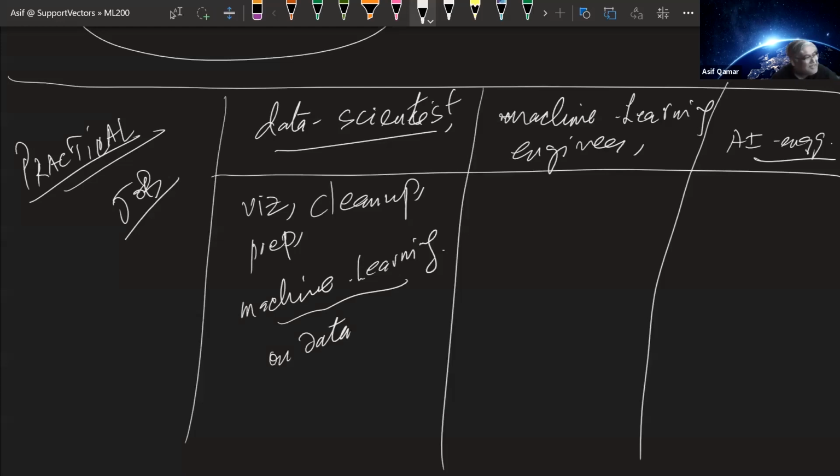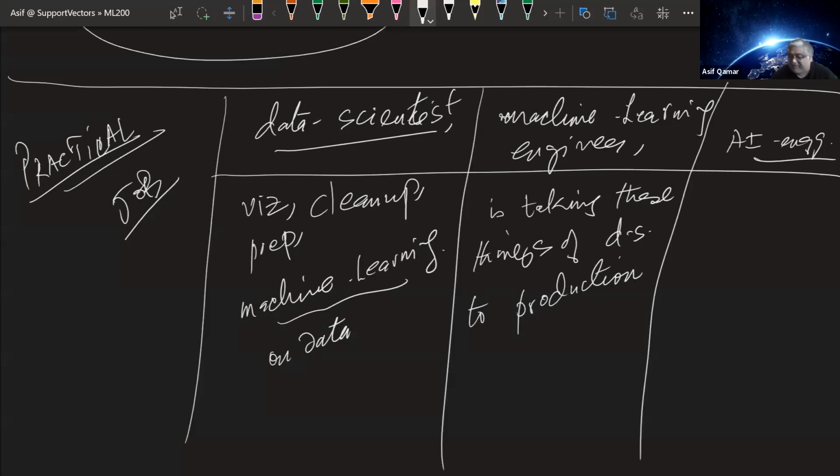The machine learning engineer is taking it to prediction, is taking these things of the data scientist to production, to operationalize it. So when you actually become a machine learning engineer, remarkably, your job is to take the models that people have built and use them for inferencing at runtime, right, in production systems. This is a trend I'm observing more and more in job descriptions. There's a little bit of fluidity in how people define things, but more and more I'm seeing this.